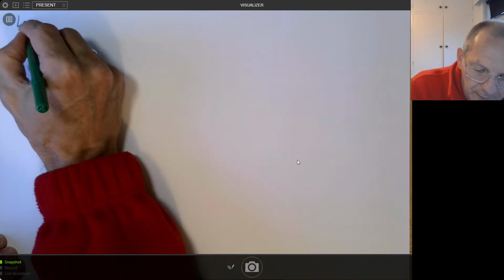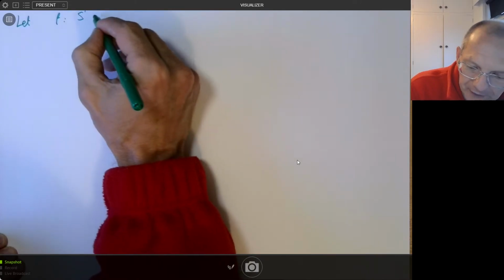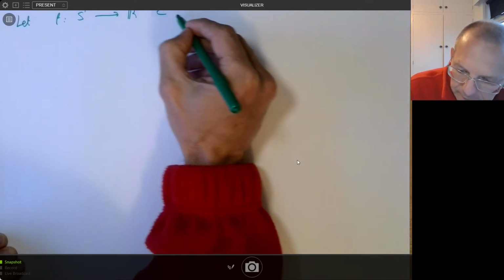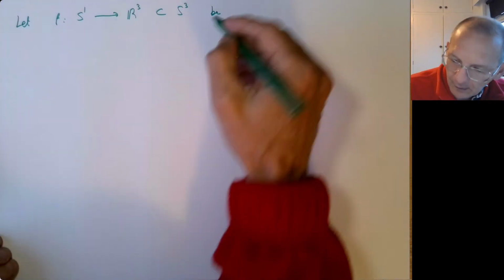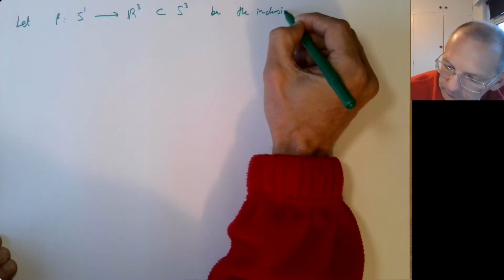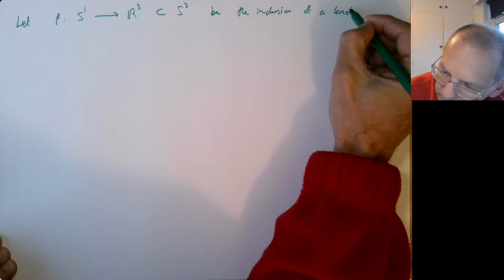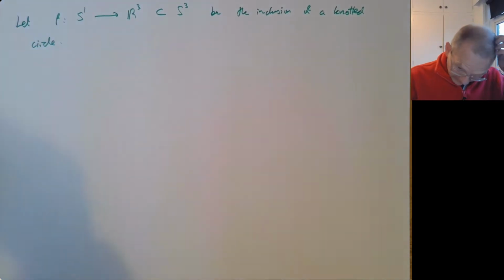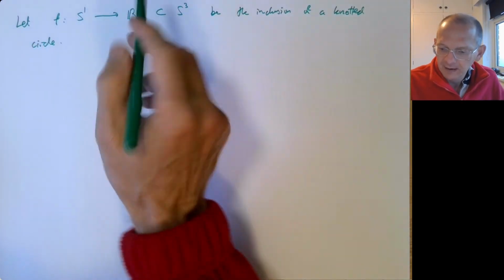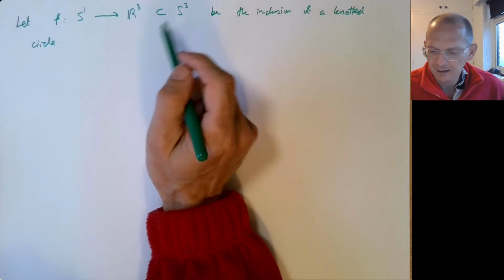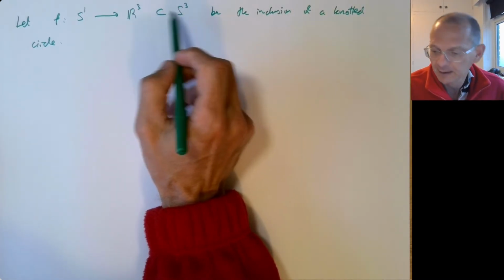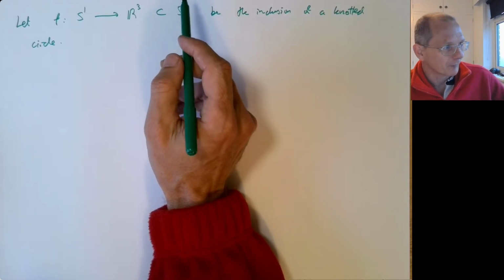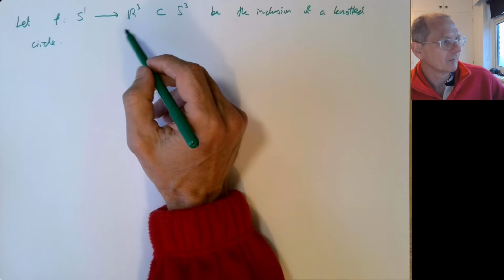Okay, then let's let f from S^1 to R^3. In a bunch of places in this discussion, we're going to remember that if you take S^3 or S^n in general and you remove a point, then by stereographic projection that's homeomorphic to R^n.